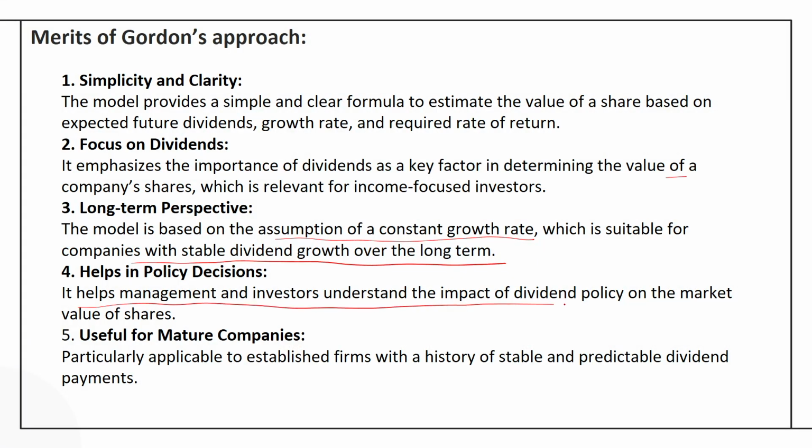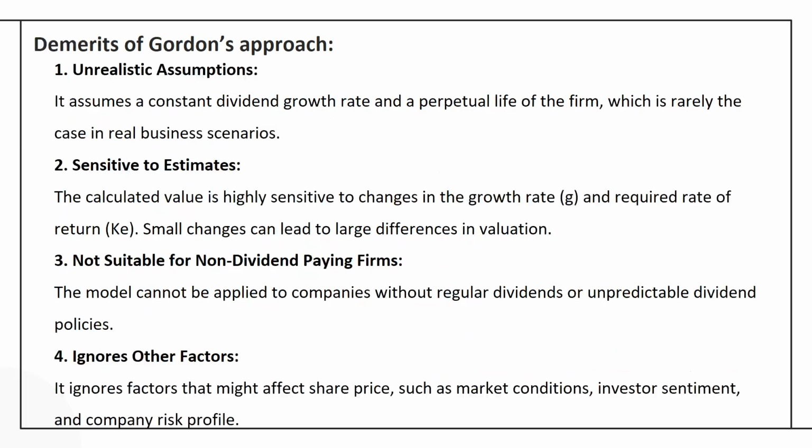So, it is very helpful in management while deciding the dividend policy, but at the same time it is also useful for mature company, particularly for established firm which has a track record of the stable and predictable dividend payment.